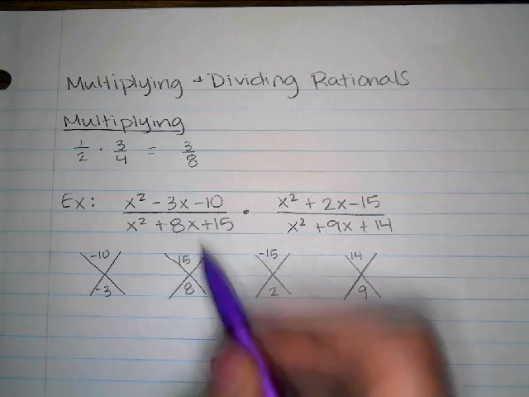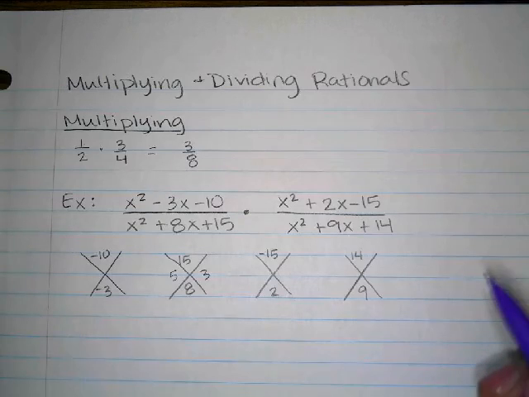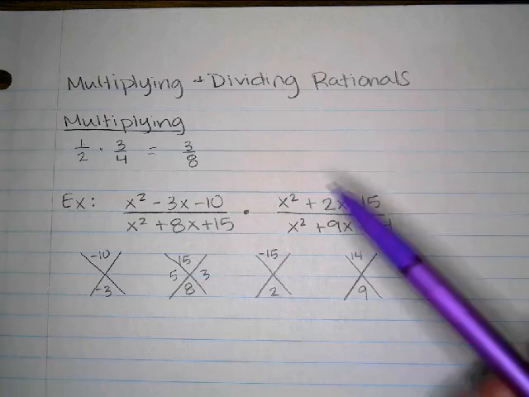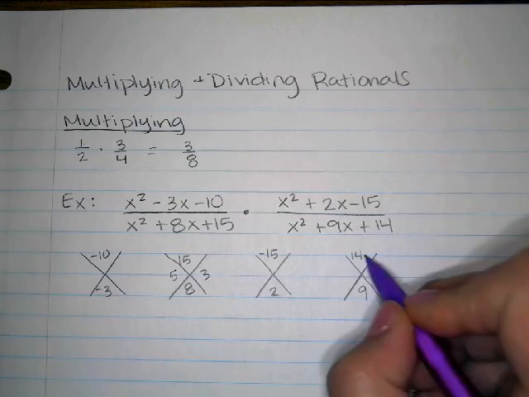So I know this one is 5 and 3. Anyone know any of the other ones? Seven and 2. Which one is 7 and 2? Oh, 14.